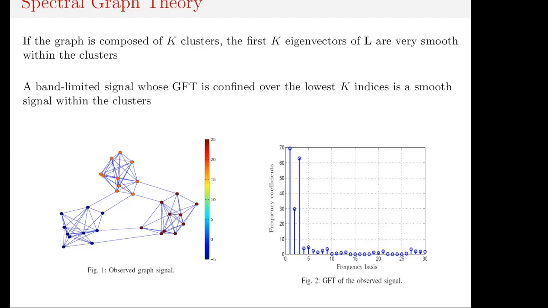If I take the difference of the signal in the nodes within this cluster here, the discrete gradient within this cluster is very small because the signals are equal in this case. And the variation is between one cluster and another cluster.